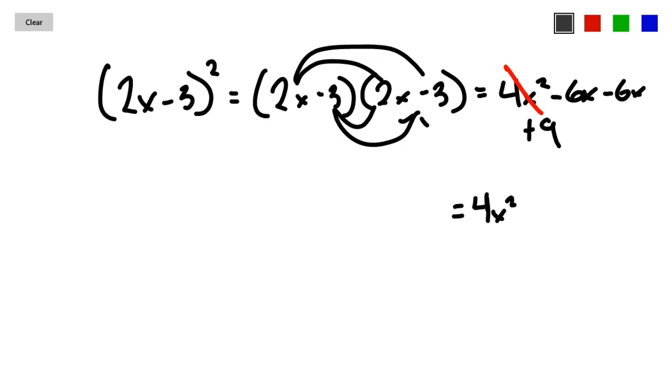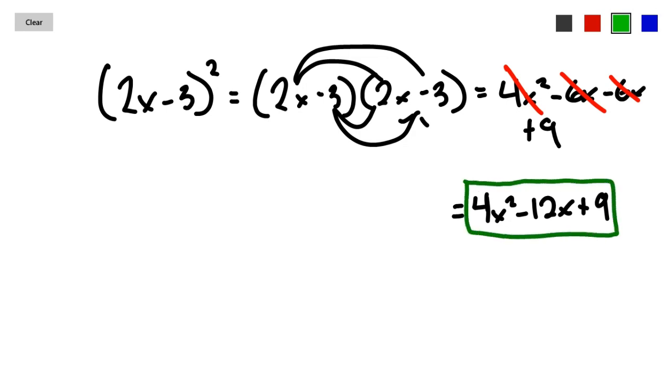And the two minus 6x's can combine together to give me a minus 12x. And the plus 9 just stays the same because there's no other constant term. And so this is my final answer. If you want to, you can factor, well, you really can't.